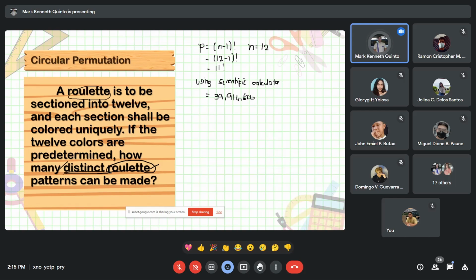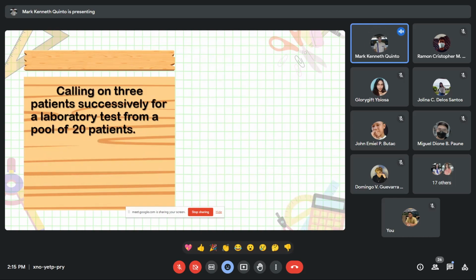So andito na tayo sa exciting part ng permutation, meron pa pala isa. What's the answer for this one? Calling on 3 patients successively for a laboratory test from a pool of 20 patients.